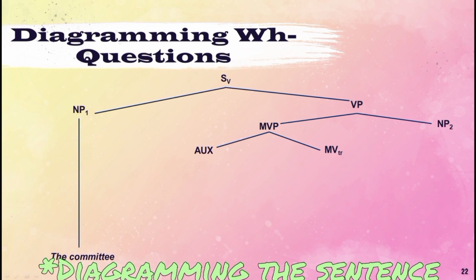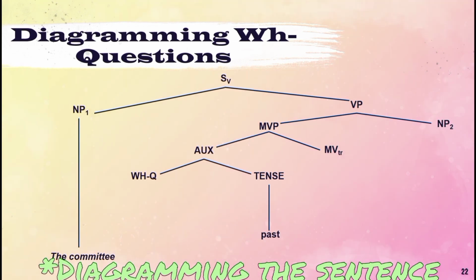Under MVP there's also a partition, namely auxiliary and main verb transitive. Under auxiliary we have WH question and the tense, and under the tense we put past. Under the main verb transitive we have invite. And lastly, in the NP2 we have someone, wherein the statement is the committee invited someone.